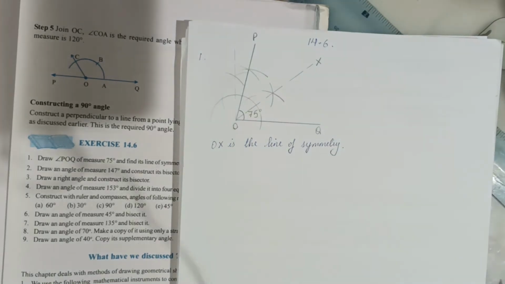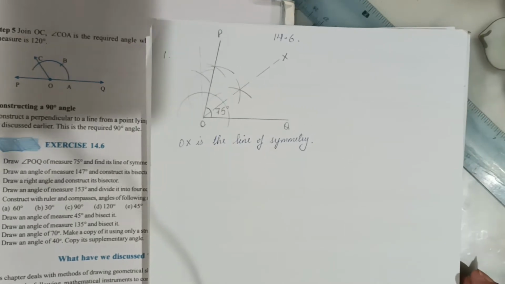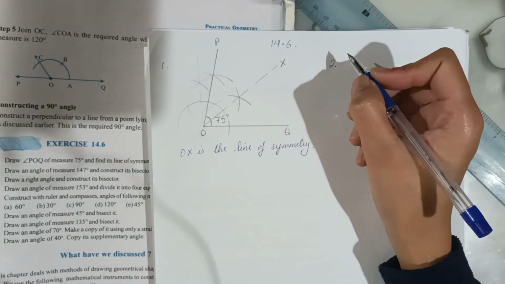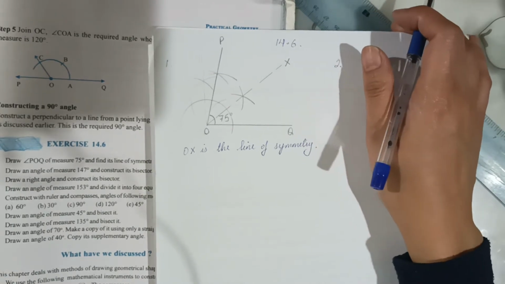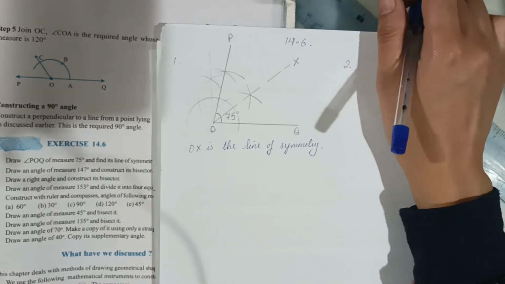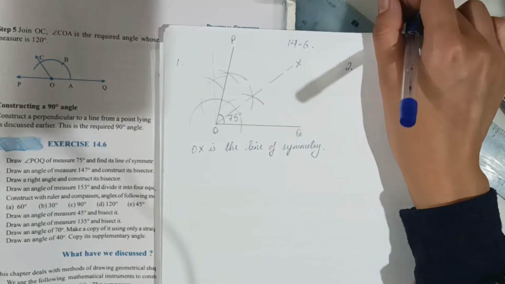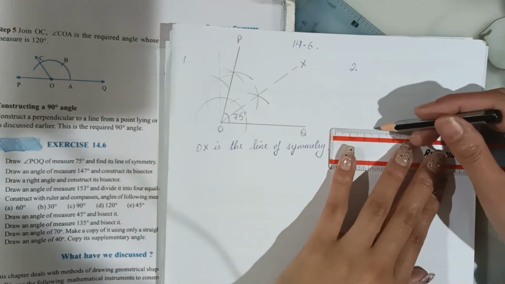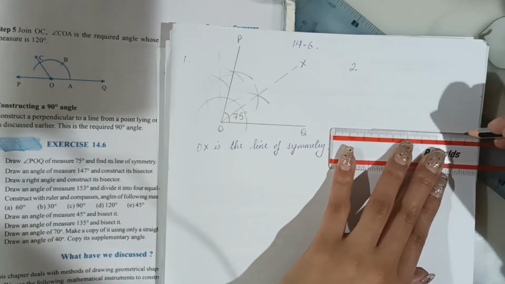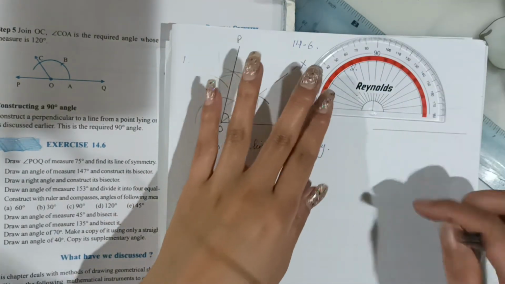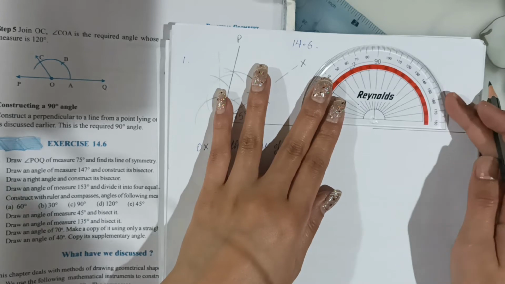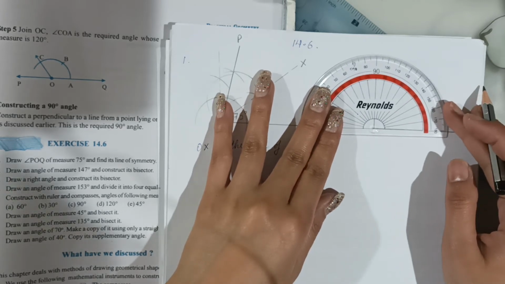Okay. Number 2, draw an angle of measure 147. We cannot draw 147 with our scale and compass only. So we will draw by using our protractor. Draw a line. Now place the middle of your protractor at one end of the line.